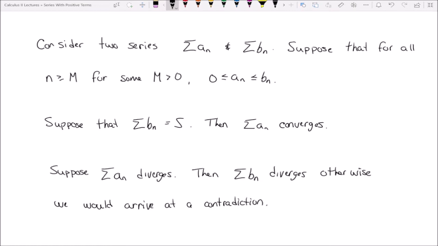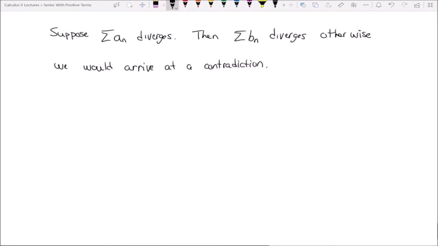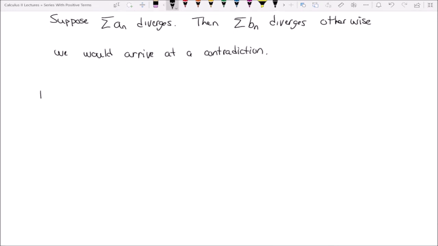Specifically, we would contradict what we just said. If b sub n converges, then a sub n converges. We can summarize this below. This is known as the direct comparison test.